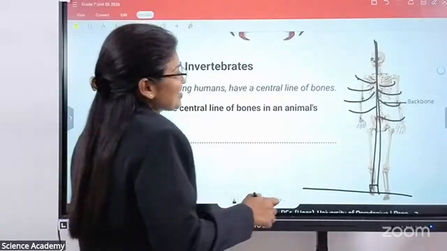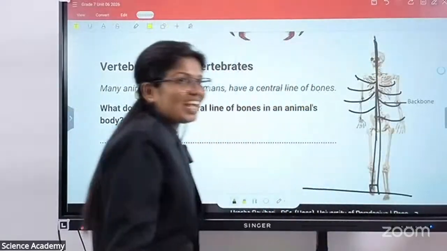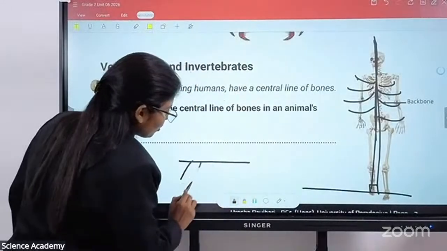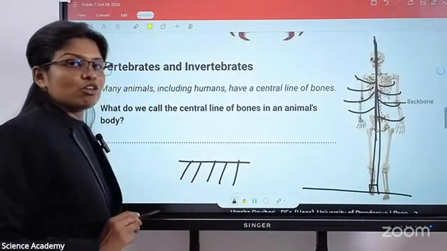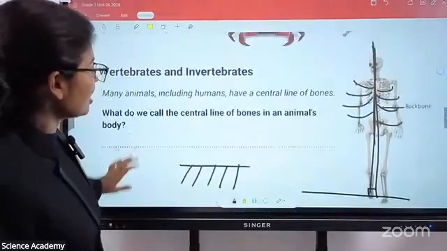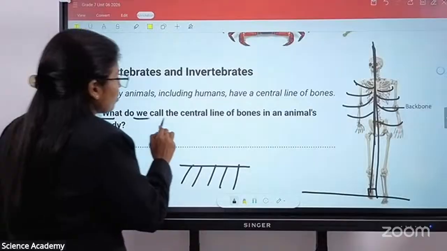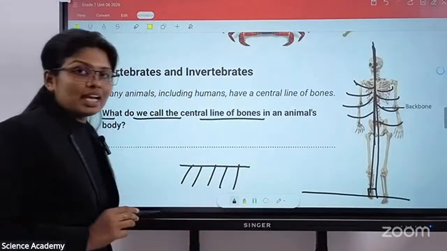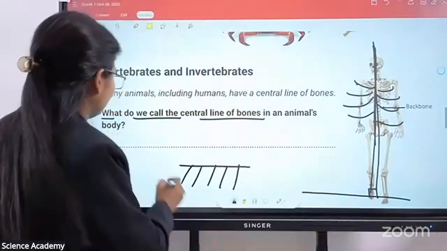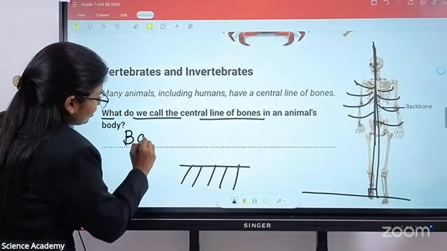Here, children, this is the central line of the bones. You know, a dog also has a central line of bones. Have a look, I'll show you. What we call the central line of bones in an animal is called the backbone.